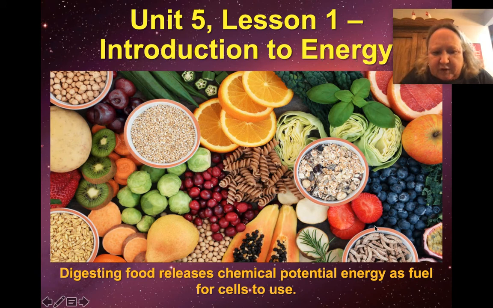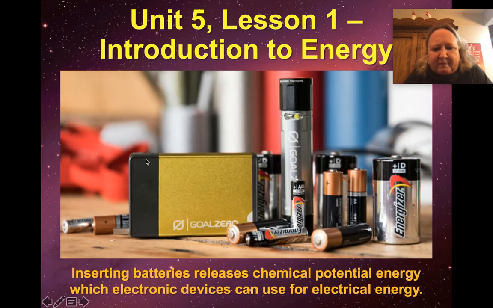Same thing with food, okay? When you eat your food, we've talked about it and kind of laughed about it, but your hamburger is no longer your hamburger once it gets digested. So that turns into chemical potential energy. And lastly, same thing with batteries. You put them in a flashlight or something that requires batteries, that releases chemical energy.